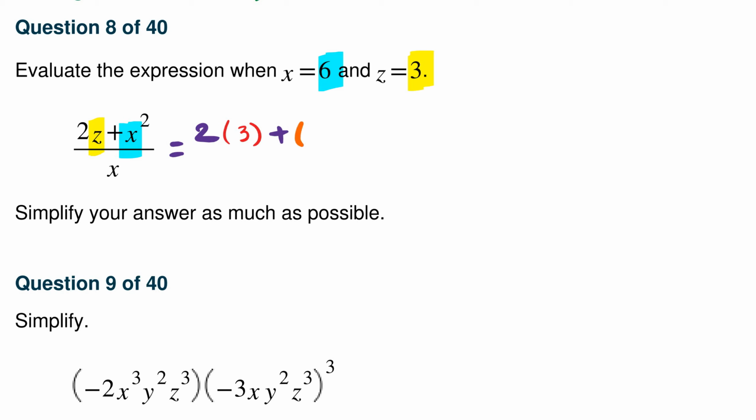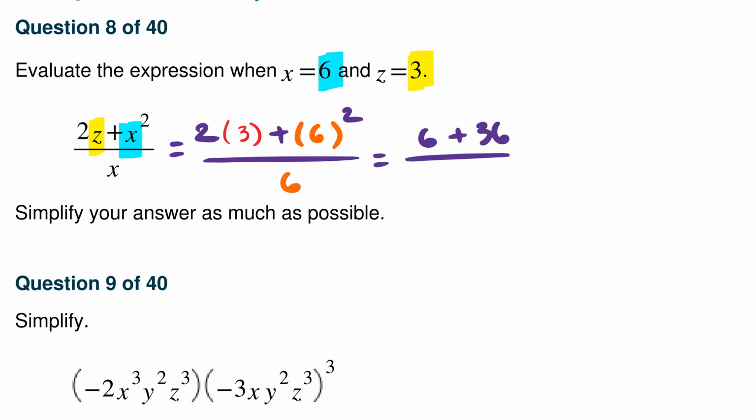Again, put it in the parentheses. 6 squared over 6. So 2 times 3 on top, 2 times 3 is 6, plus 6 squared, 36, divided by 6. So 36 plus 6 will give me 42, divided by 6 will give me 7.